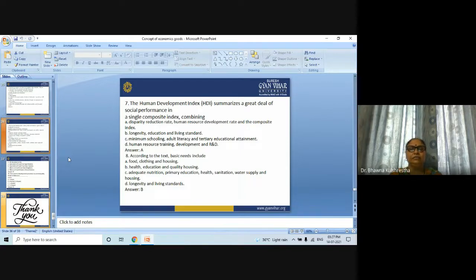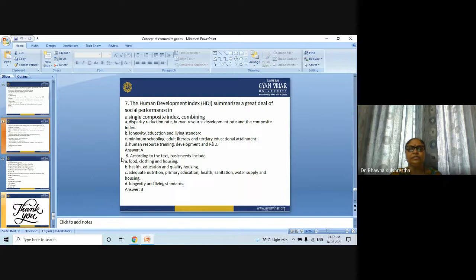Right answer of this question is disparity reduction rate, human resource development rate, and the composite index.